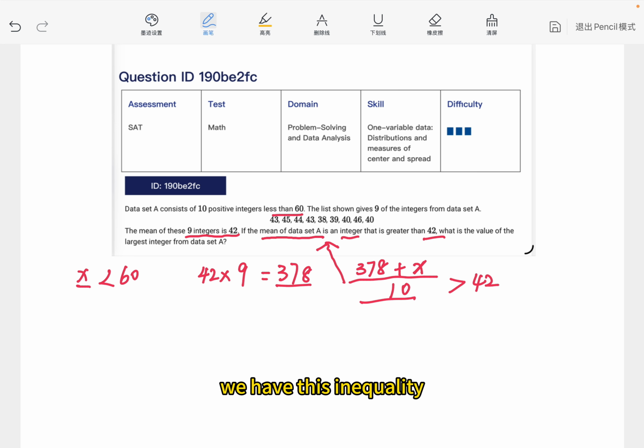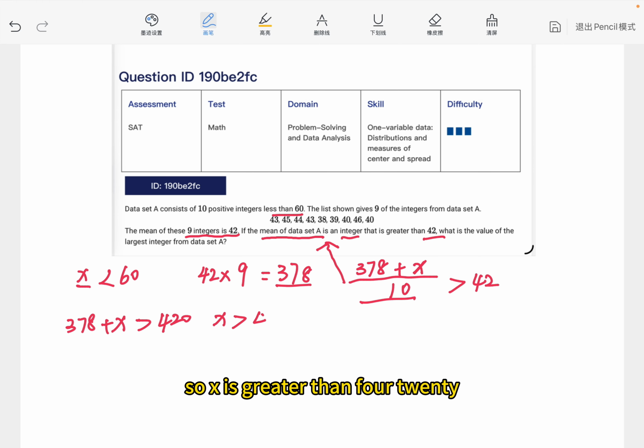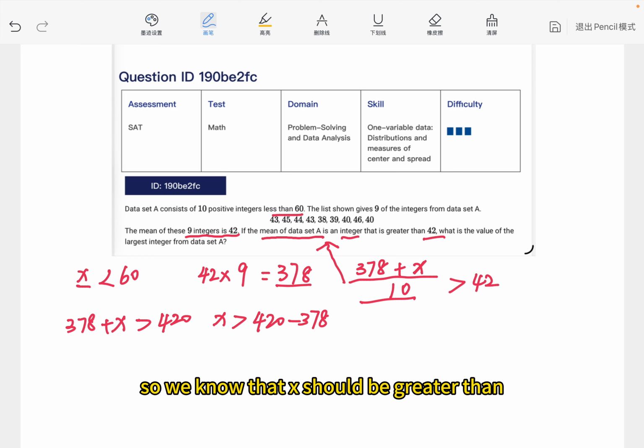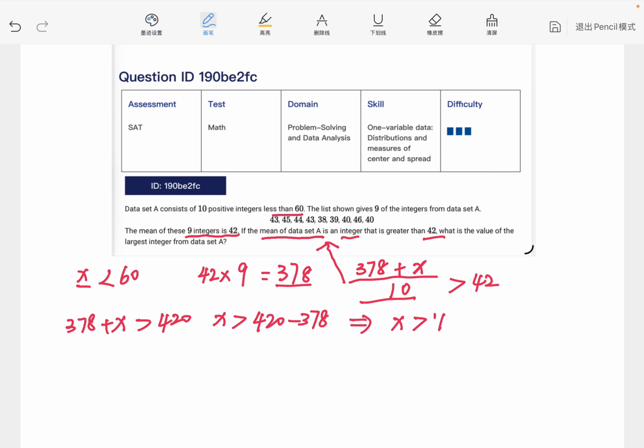We have this inequality, so let's solve for x. 378 plus x is greater than 420. So x is greater than 420 minus 378. So we know that x should be greater than 42.